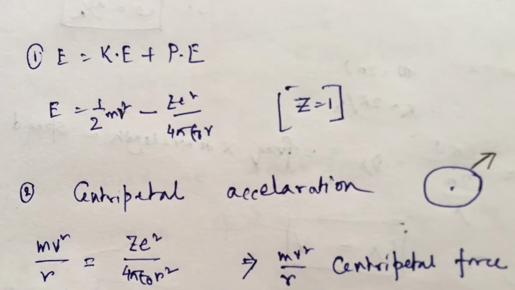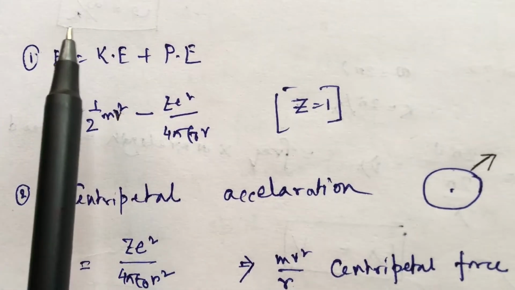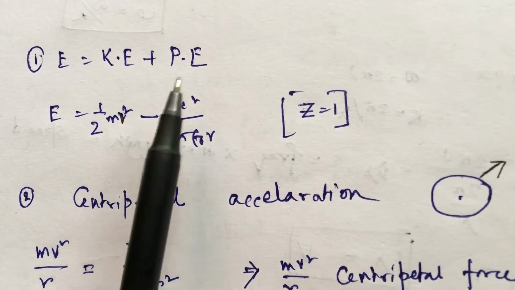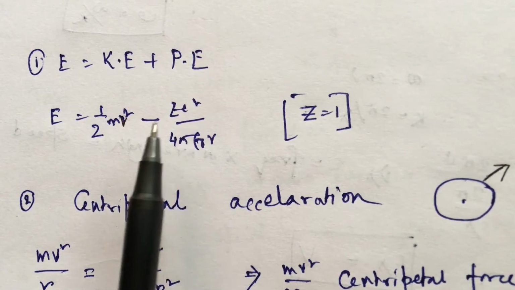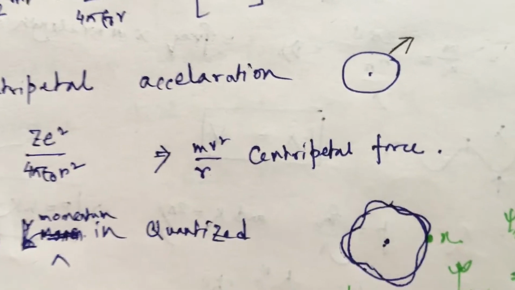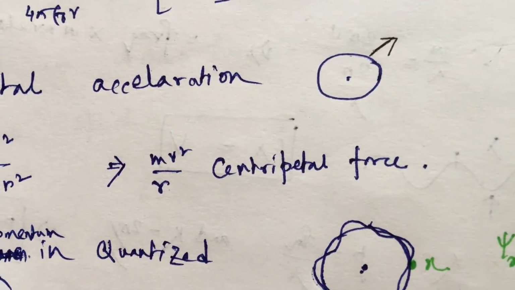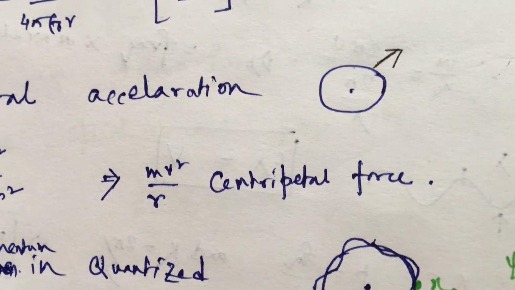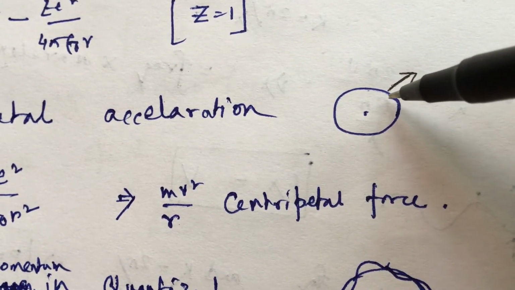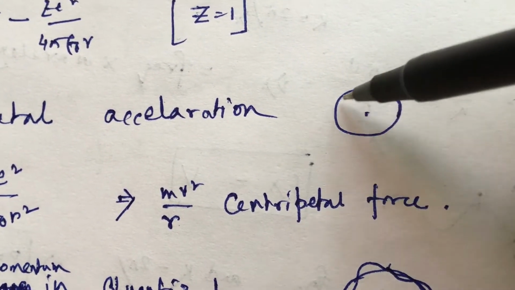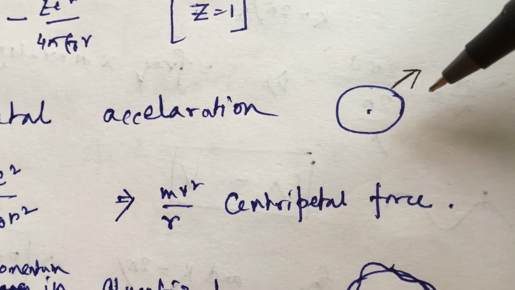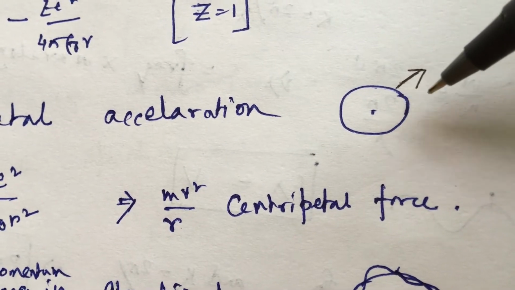First I will use this equation which tells me that total energy equals kinetic energy plus potential energy, and kinetic energy is half mv square, potential energy as I have just mentioned is minus Z square by 4 pi epsilon 0 r. Another term I am going to use is the centripetal acceleration, which is acting outwards, pushing the electron outwards. Because of its circular motion, centripetal force comes into play.